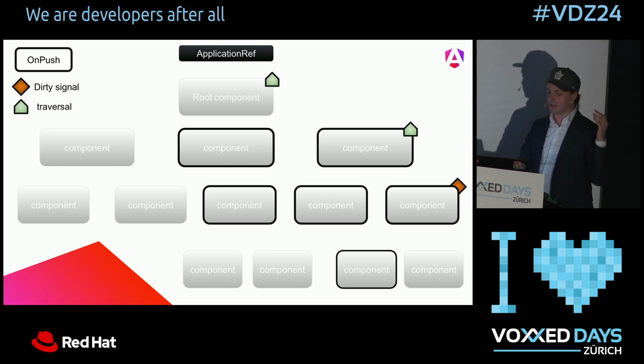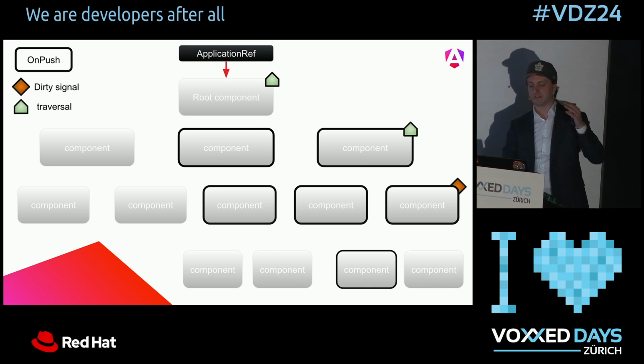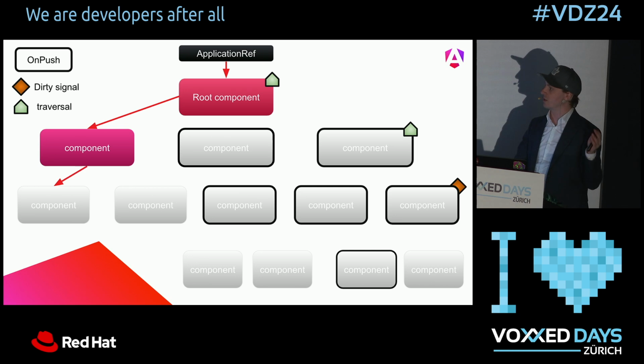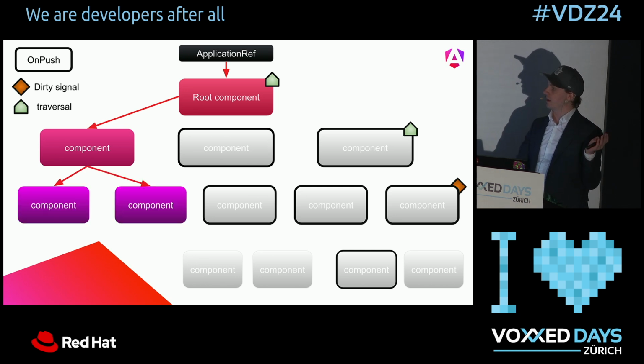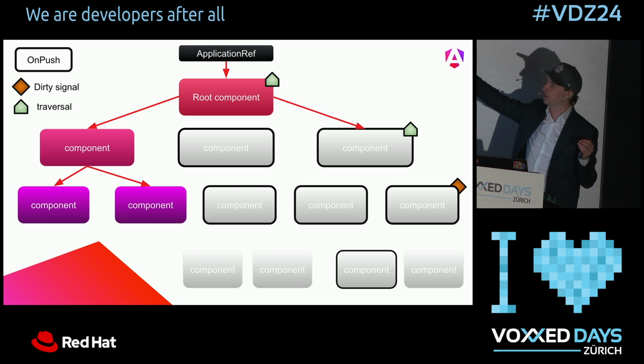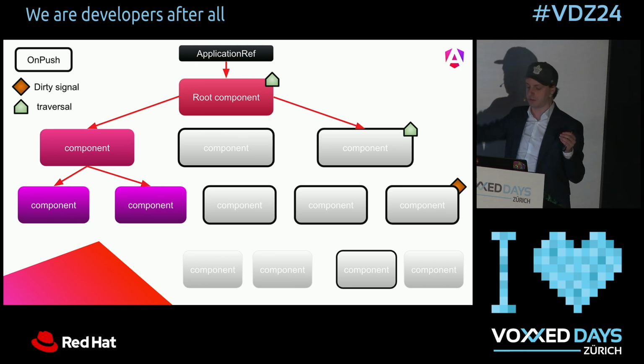So in this case, I run change detection, start from the top, application ref, first component, okay, change detected. The default change detection still runs normally. Here, I skip the first OnPush because it's not dirty, but it will still be reached because it has been marked as traversal.